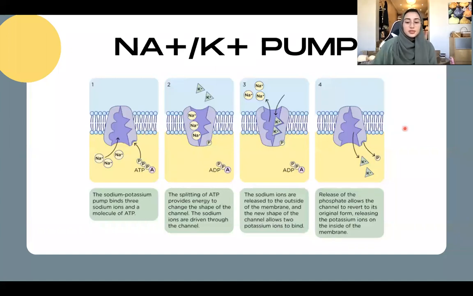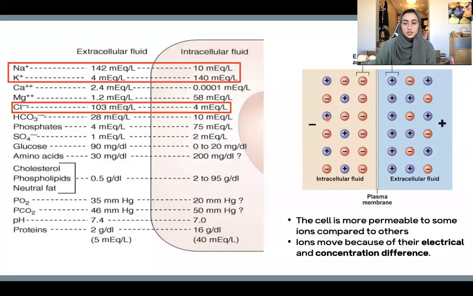So now I keep talking about these ionic concentrations, but what are they? The three main ions that we're going to concentrate on are sodium, potassium, and chloride. We already mentioned, and I showed you in the previous pictures, you have a very high concentration of sodium outside the cell versus inside the cell, right?